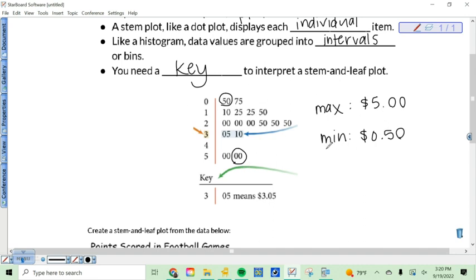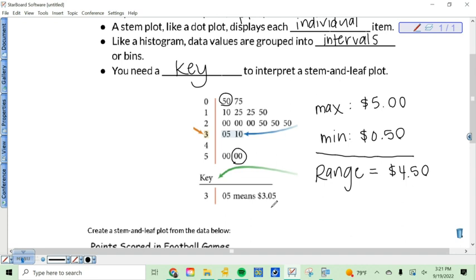So if I found my maximum and my minimum, what can I easily find from that? Yeah, the range. What's my range? 450. Perfect. Cool. And let's see, how many people were interviewed to create this data set?